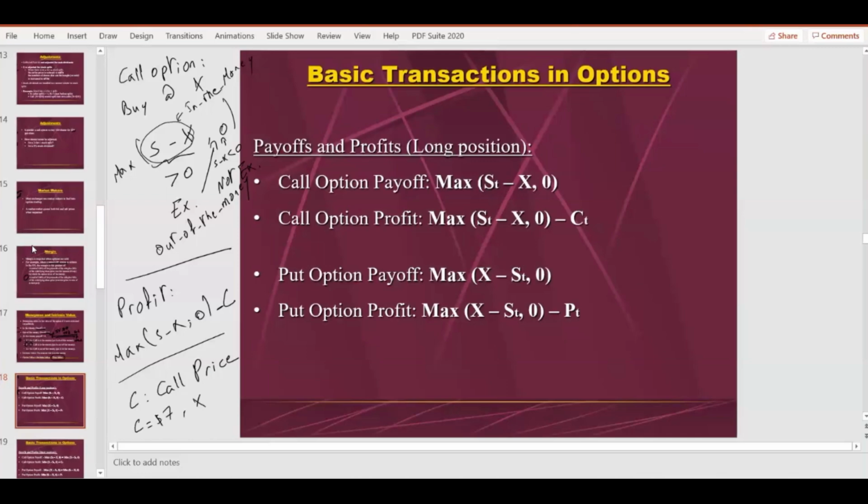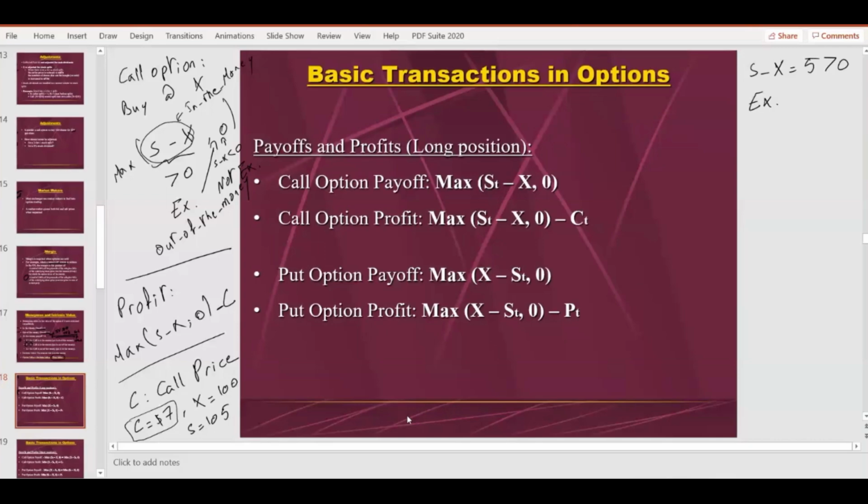The strike price X equals 100, and the stock price is equal to 105. So now in my decision to exercise or not, I do not consider this $7. This amount is already paid. What I'm gonna consider is the difference between S and X. So I have S minus X is equal to $5. It's greater than 0. So in this case, I can exercise.